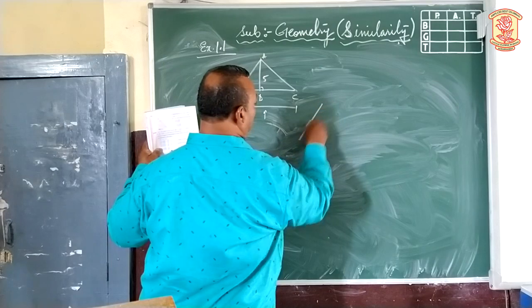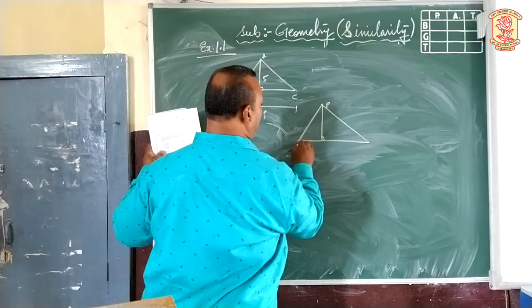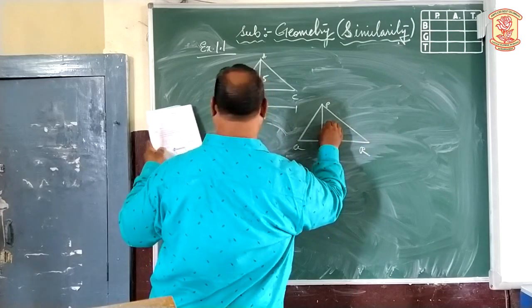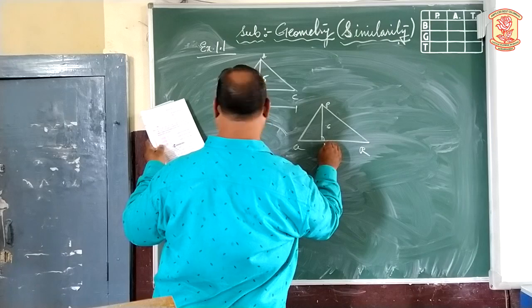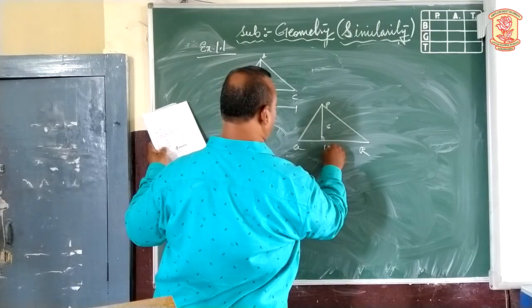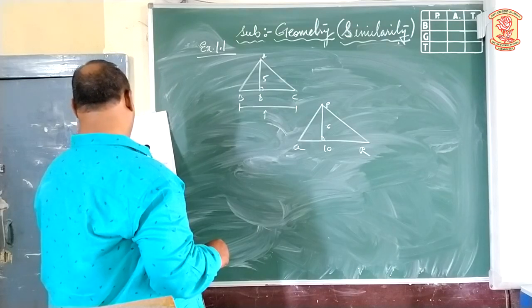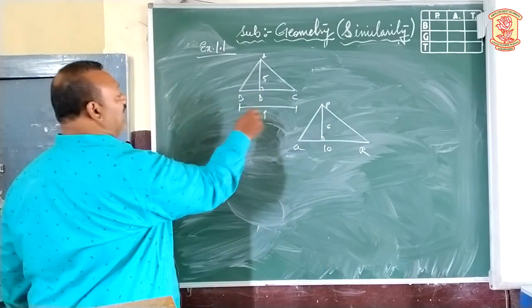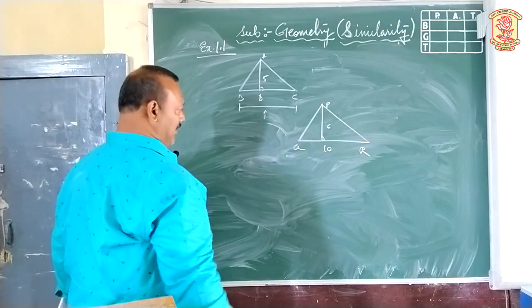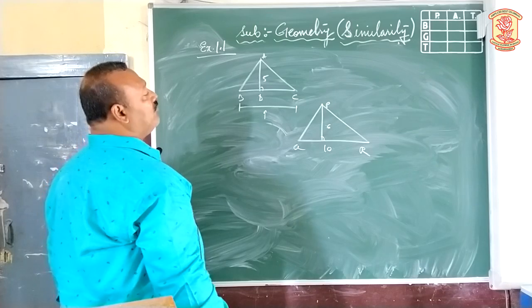Second triangle PQR, height is 6, base is 10. Now we have to find the ratio of the areas of these two triangles, first triangle ABC and second triangle PQR.